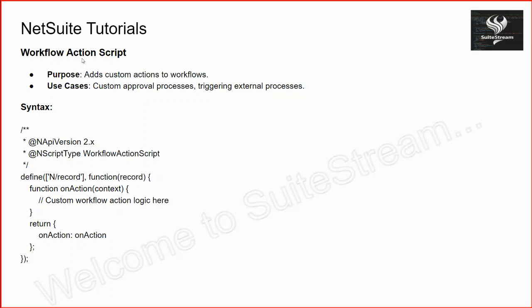Once we deploy it, the custom workflow action will appear in the workflow action list. It is basically used for custom approval processes and triggering external processes. This is the syntax: script API version and script type, workflow action script, and this is the header part, defining the record module, and record is the return type.